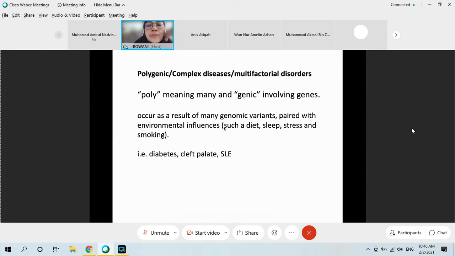Examples of diseases in this group include diabetes, cleft palate, SLE, even neural tube defects associated with folic acid deficiency, which is associated with certain genetic variation.